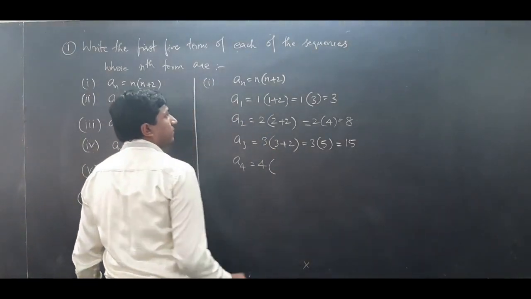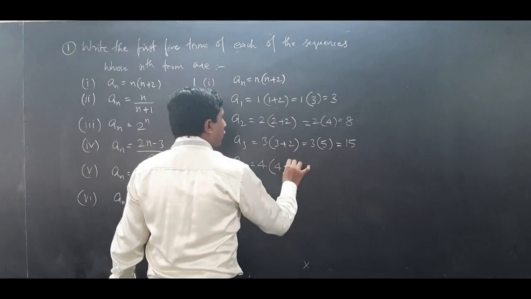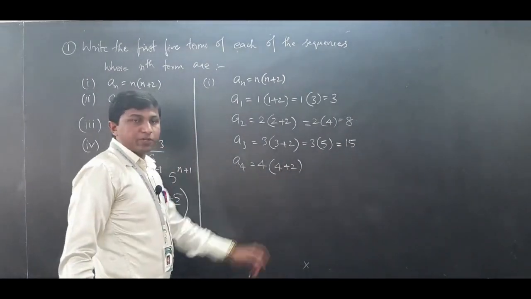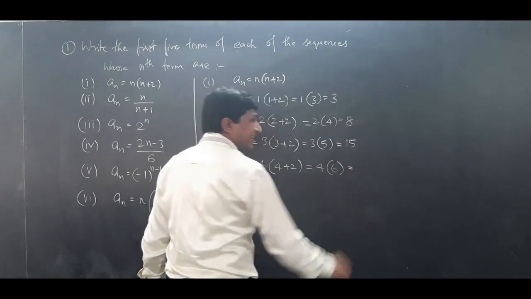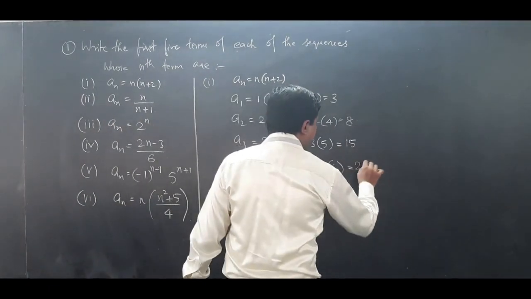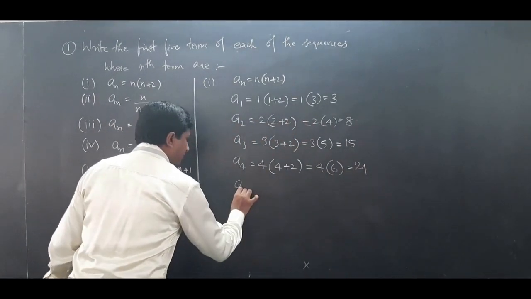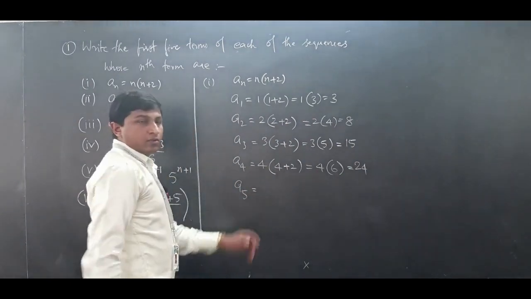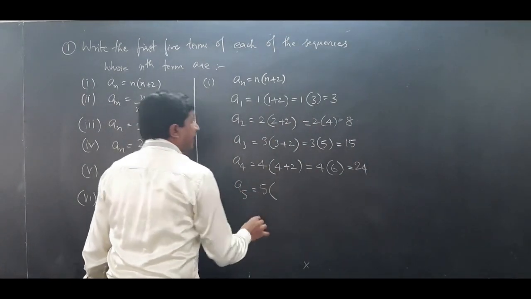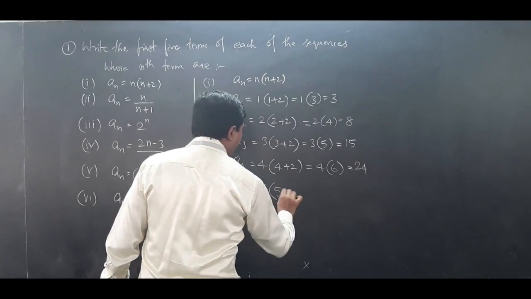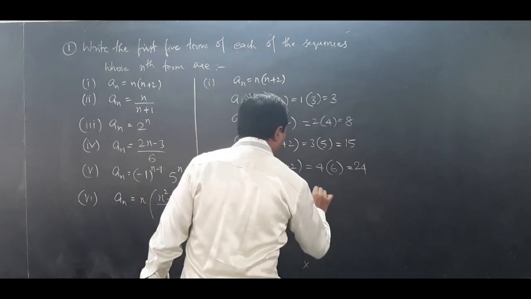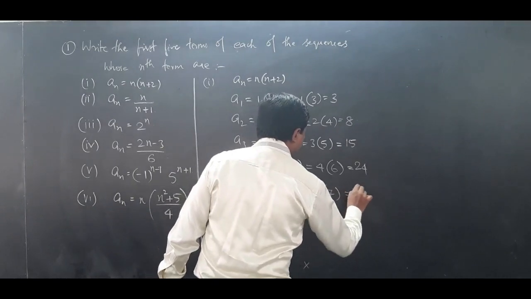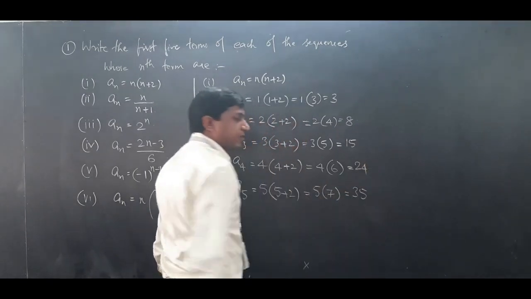Okay, fourth term, 4 into 4 plus 2. 4 plus 2 is 6. This is 4 into 6. 6 4s are 24. Then fifth term, okay, we are putting n equals 5. 5 into 5 plus 2, which is nothing but 5 into 7. 7 5s are 35.